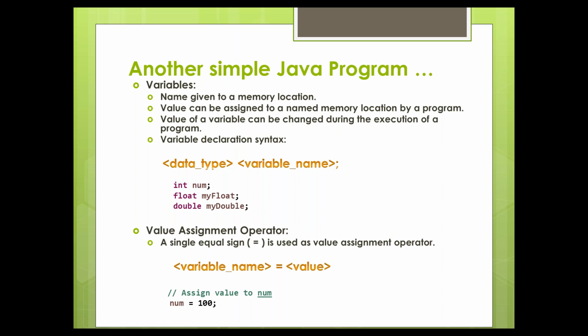Otherwise, you will not be able to get the value that is stored in that particular memory location. For example, you have a house, and you will have an address for that particular house. In an apartment building, you will have, say, 3-4 apartments, and you will give them different numbers: 101, 102, 103, 104, 201 to 204, 301 to 304, if there are multiple stories.